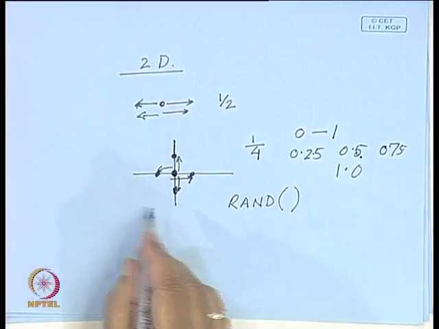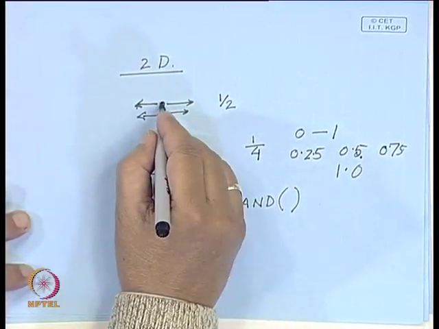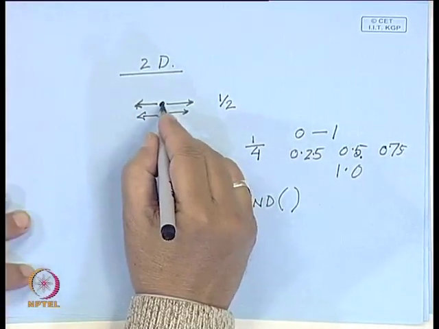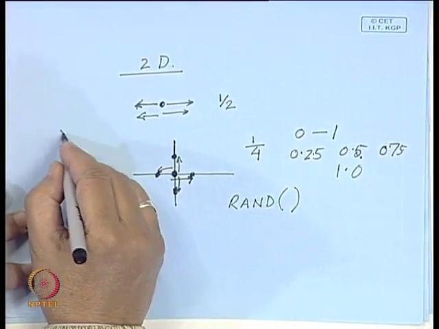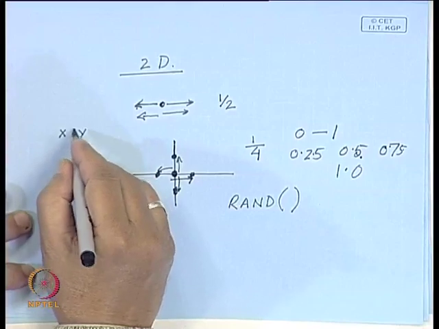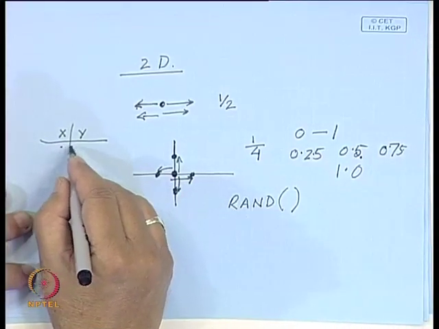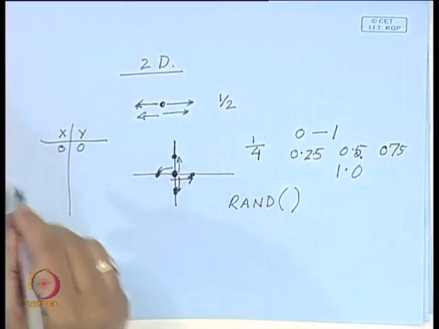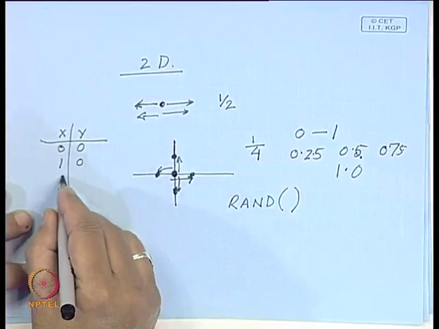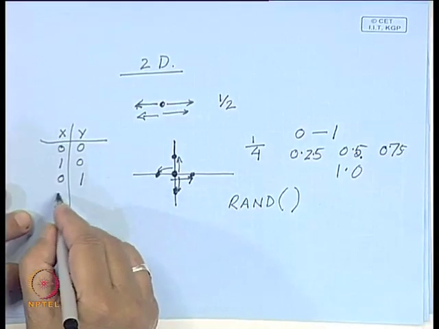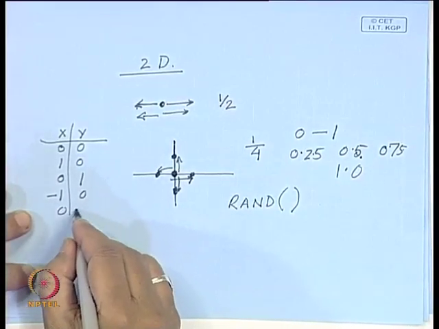So, what changes, say, every point, in this particular case one cell could define every point, and in this case you have to set up both coordinates x and y. So, you will have different combinations of x and y. 0 0 is your start. So, next it could be 1 0, 0 1, minus 1 0, or 0 minus 1.